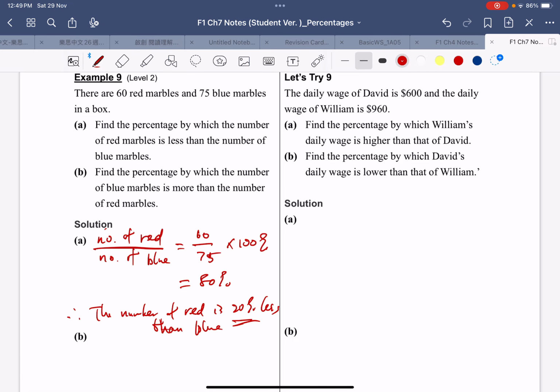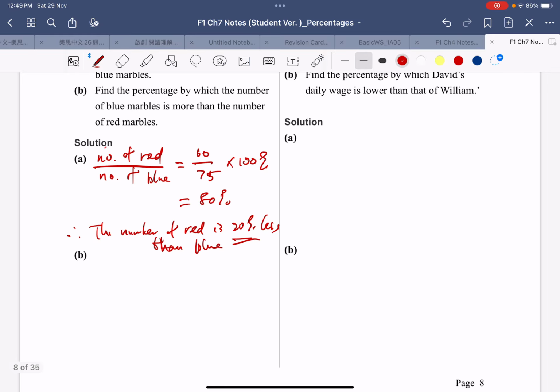And then on the other hand, by a similar token, but now you put it upside down. The number of blue over the number of red equals 75 over 60, which is 125%.